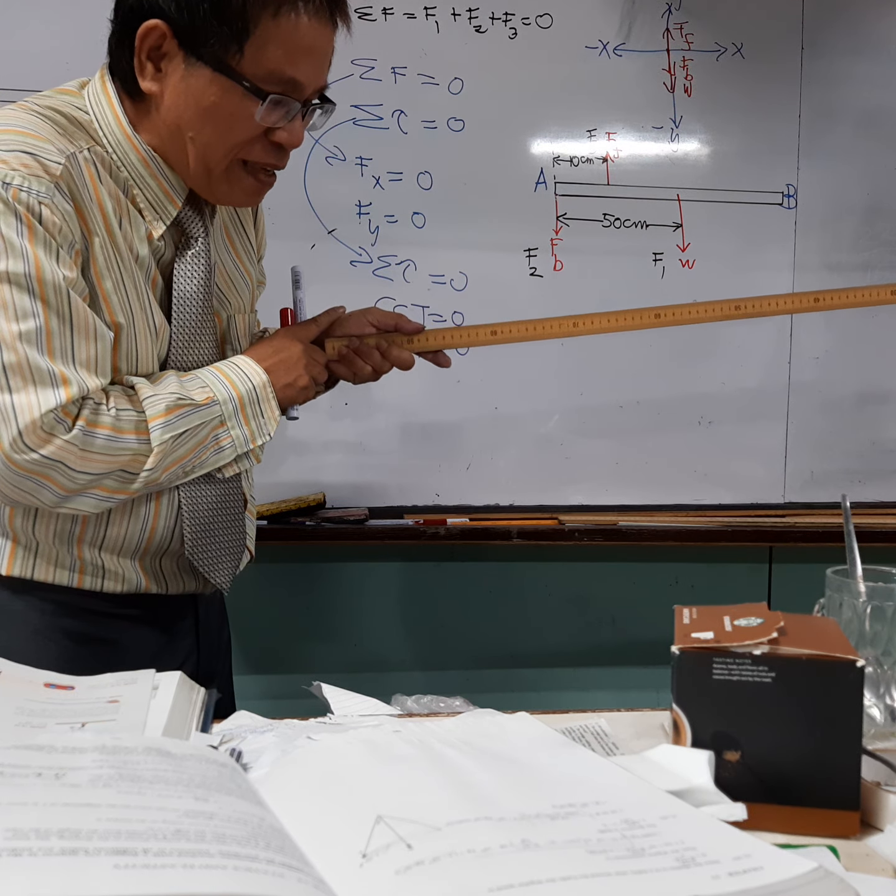So what we can do here is transpose: F sub F is equal to FB plus W. This becomes positive because I transpose. From negative FB, positive.